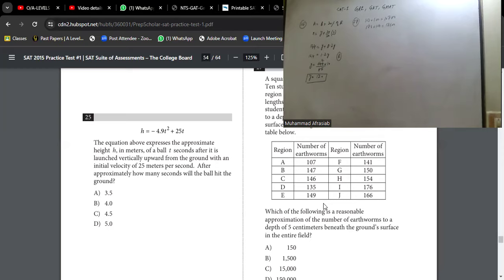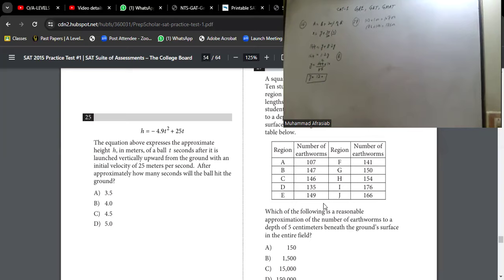Because we are showing the approximation results, 10,700 plus 17,600 divided by 2 should be equal to 14,150.